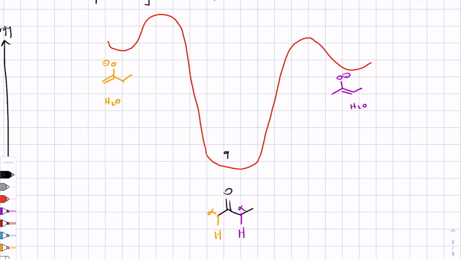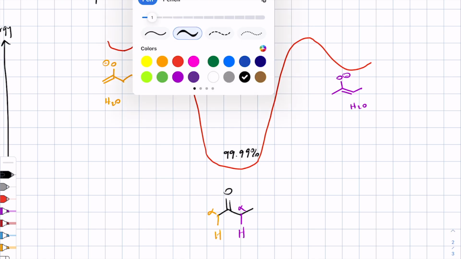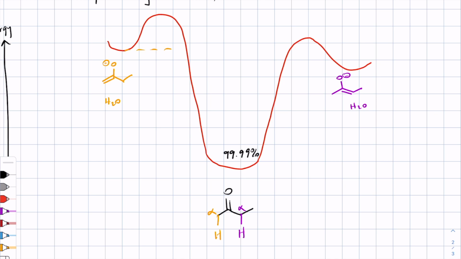So still 99.99% of our stuff is unreacted starting material, but you've got an energy difference here between the less substituted enolate and the more substituted enolate.